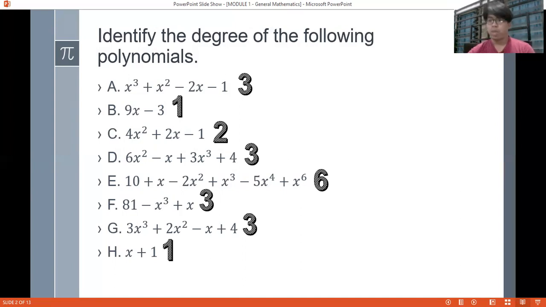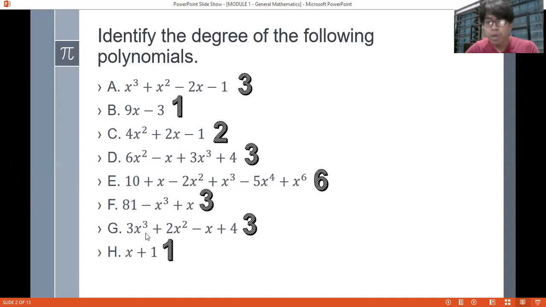If there are many exponents in the polynomial, you consider the highest one. Even though it is located in the last part or in the middle part, as long as it is the highest exponent, that is the degree of the polynomial.